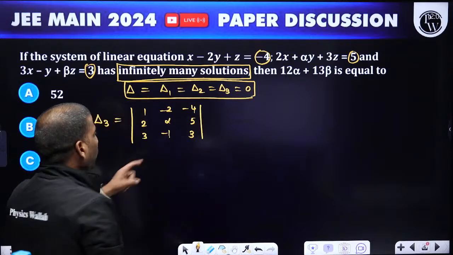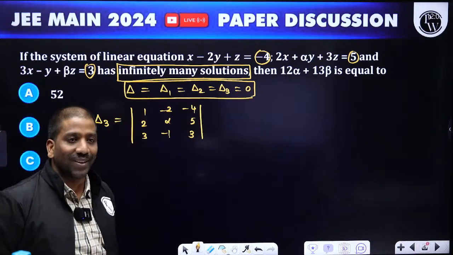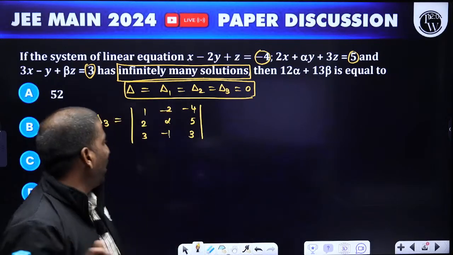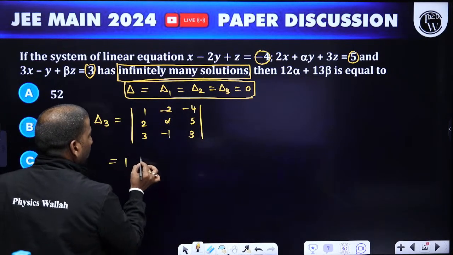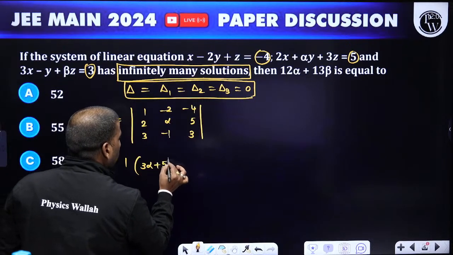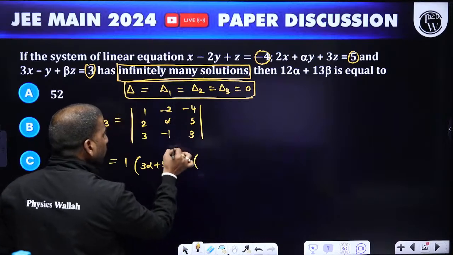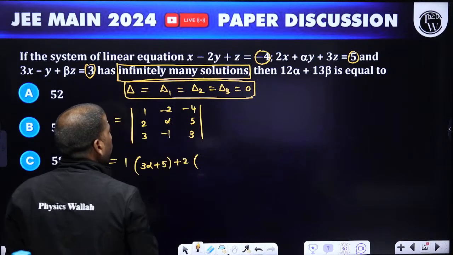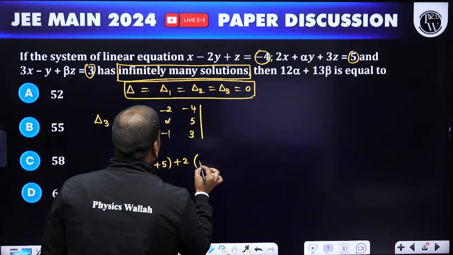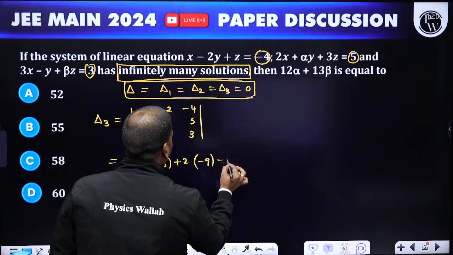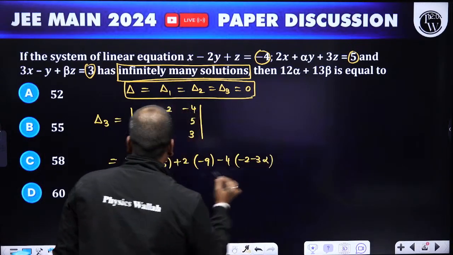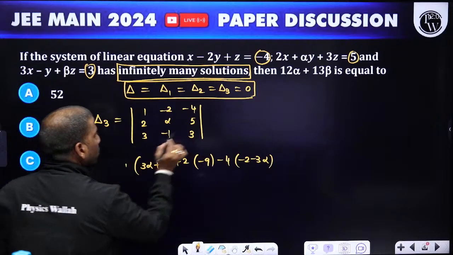So then we have only alpha, and we will directly get alpha. So 1 times 3 alpha plus 5, plus 2 times 6 minus 15, which is minus 9, minus 4 times minus 2 minus 3 alpha, which is equal to 0.